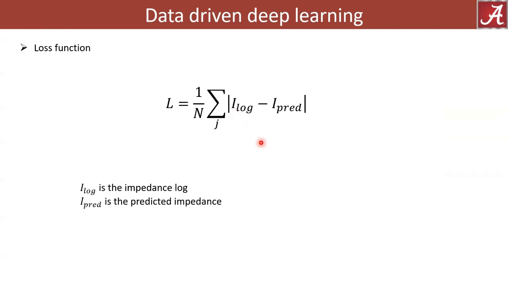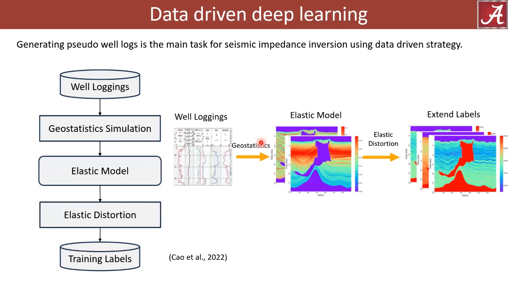One problem is that in reality, we don't have so many well logs. So we need to generate logs, which we call pseudo well logs. We use a method published in 2022.